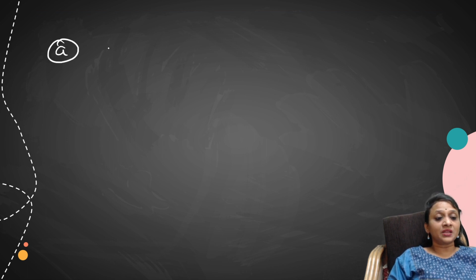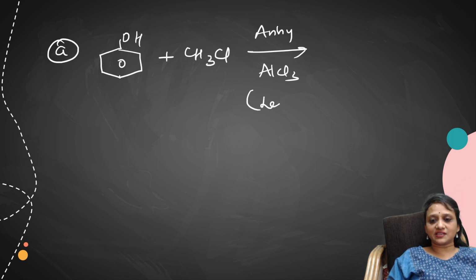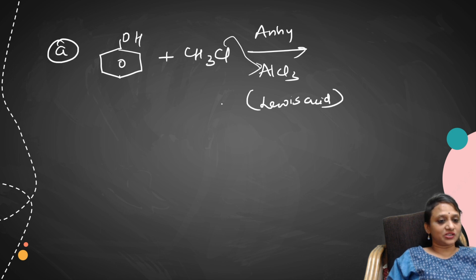Methyl chloride plus phenol. We'll take phenol. You are going to take methyl chloride. Methyl chloride is not chloroform. Earlier was chloroform. So this is anhydrous AlCl3. Now anhydrous AlCl3 is a Lewis acid. Correct, no, students? Lewis acid, it's going to gain this electron. So this will pick up this chloride.